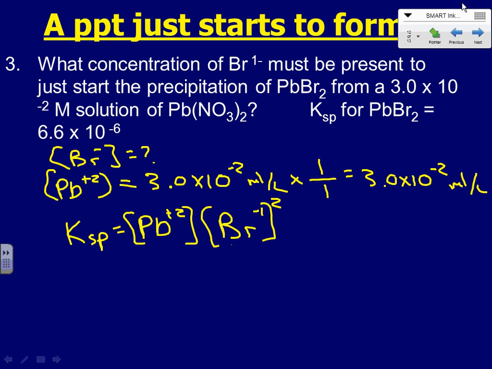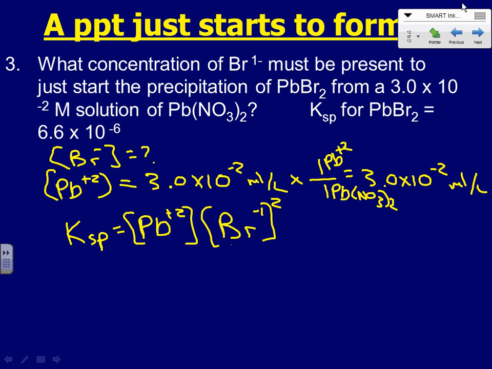Are you frowning because of this number 2? No? Would you have to divide by 2? No, because look at where this lead is coming from. This lead is coming from this lead nitrate. What this statement says is there's 1 Pb plus 2 in each Pb(NO3)2.